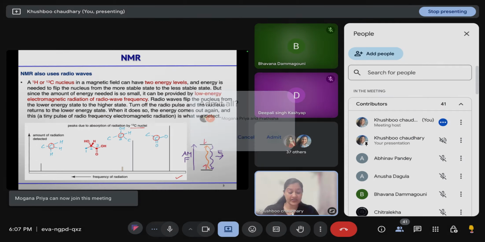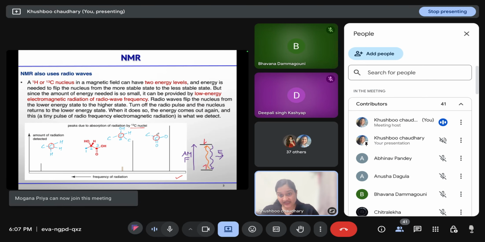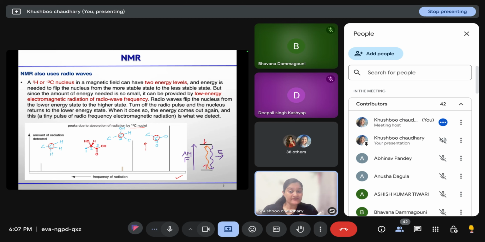Because of that, when we apply a magnetic field, the electrons are not able to shield that carbon. Because it is not shielded, the actual magnetic field felt by that carbon is more than for carbon 2 or carbon 1. That means it will show signal downfield, or we can say it is deshielded.